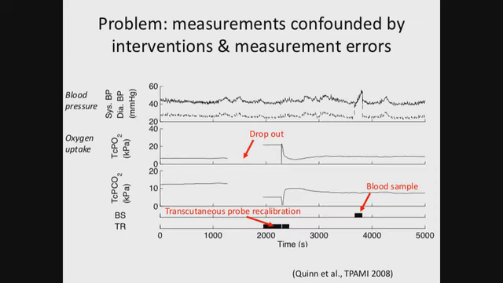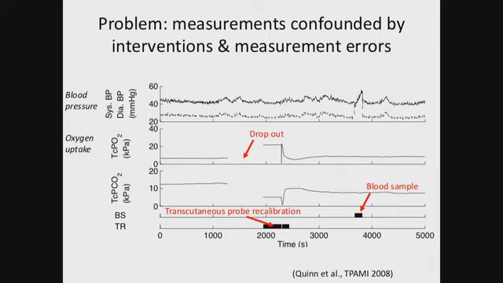So the first problem that I want us to think about is one of trying to understand how we deconvolve between the truth of what's going on with, for example, the patient's blood pressure or oxygen versus interventions that are happening to them. So on the bottom here, I'm showing examples of interventions. Here, in this oxygen uptake, we notice how between roughly 1,000 and 2,000 seconds, suddenly there's no signal whatsoever.